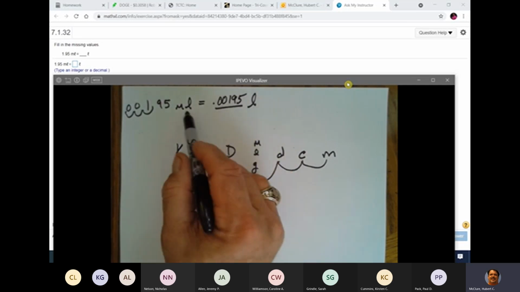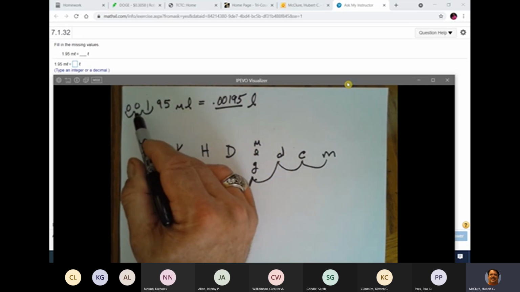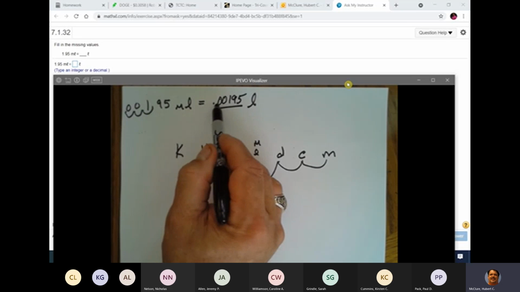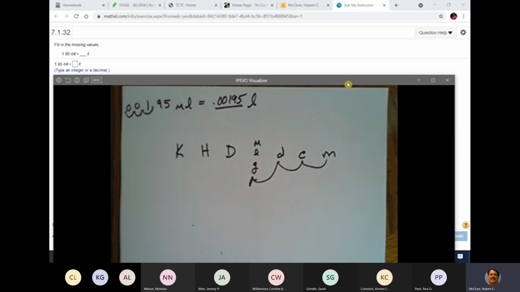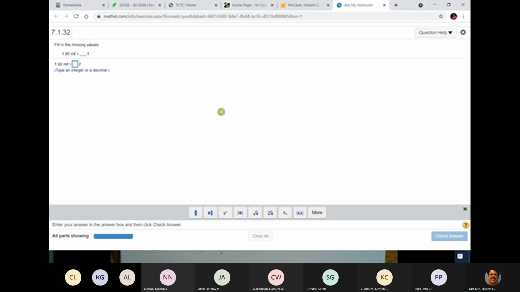So you move the decimal 3 places to the left, and that gives you 0.00195. Good test question. Short and sweet.